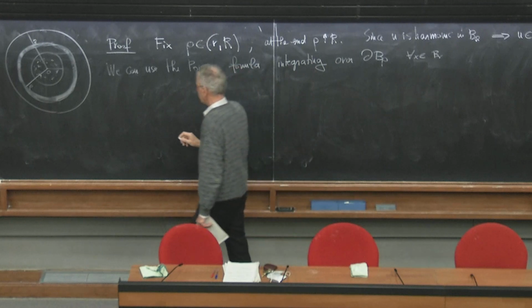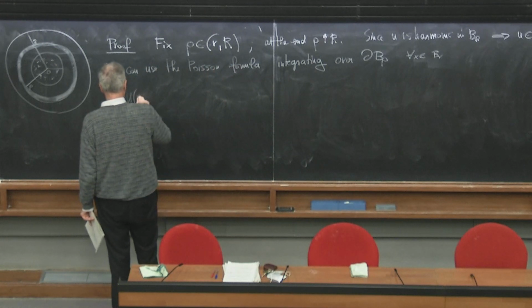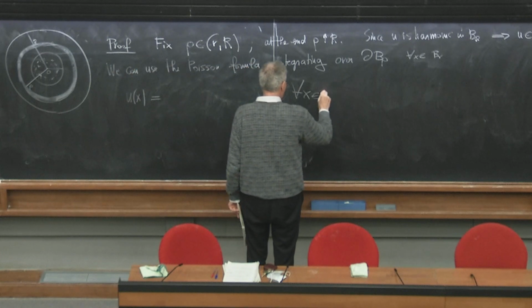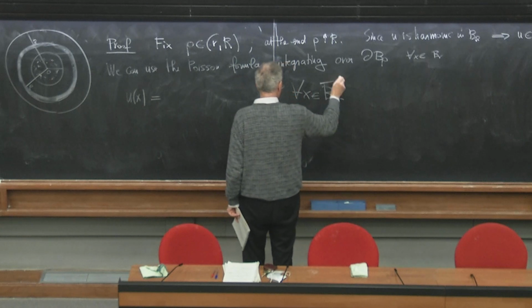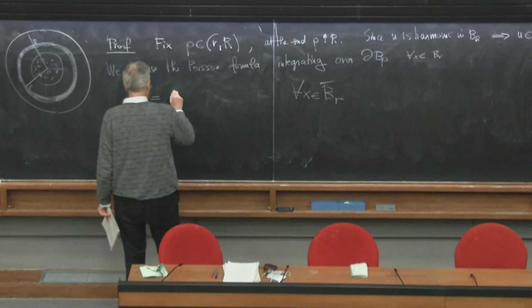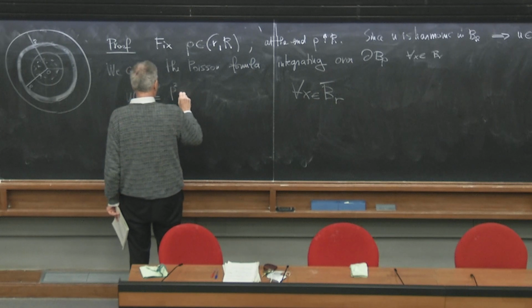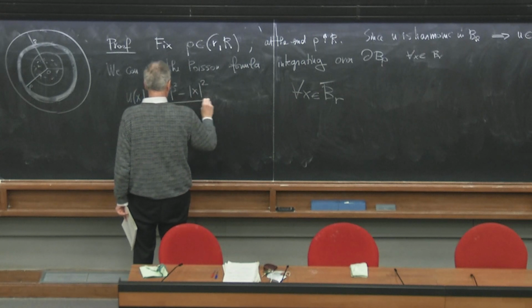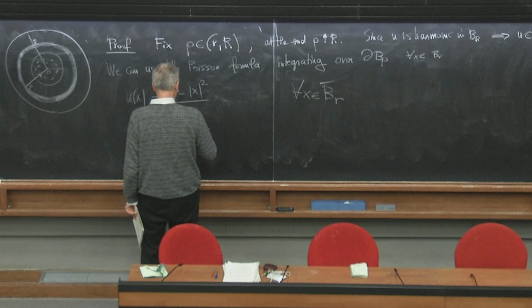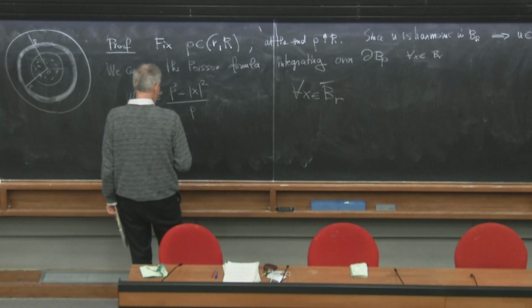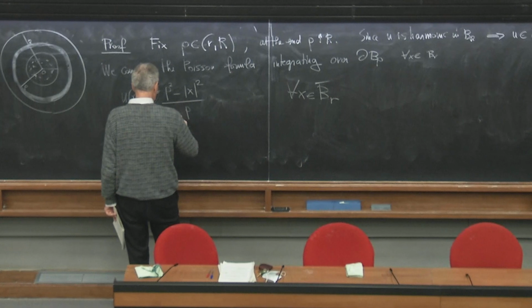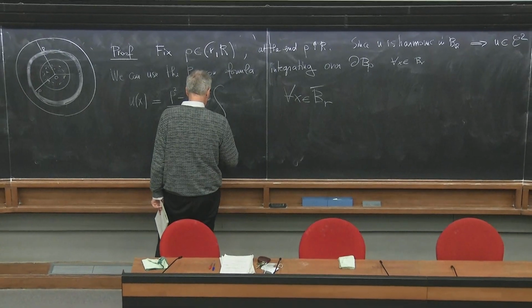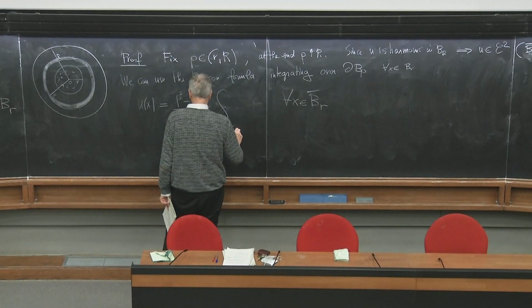So what does it mean? It means that we know U of x for any x in the closure of B_r. Do you remember, it is rho squared minus |x| squared. Then we have some factor which is easy to forget, but we have at least rho, and then sigma_{n-1}, integral over the boundary of B rho, of U at any point.